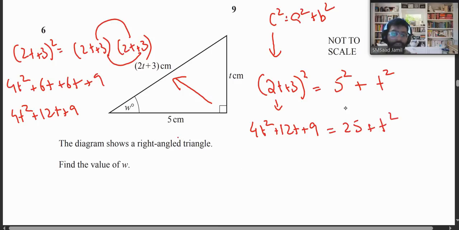Plus t square. So it becomes 4t square minus t square plus 12t plus 9 minus 25 is equals to 0.